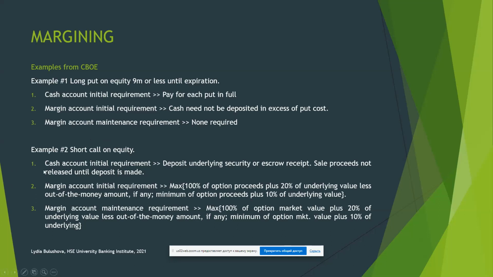On the other hand, if we have a short call on equity, this is a long put, that's a short call, two different options. So we have the same: cash account initial requirement, margin account initial requirement, and maintenance requirement. As for the cash account requirement, we have to deposit the underlying security or escrow receipt.